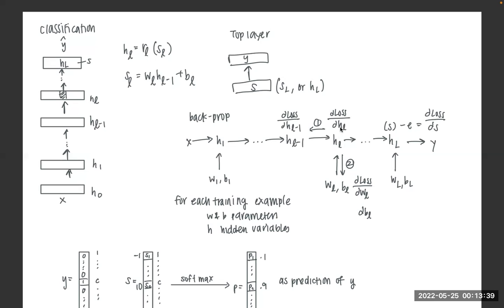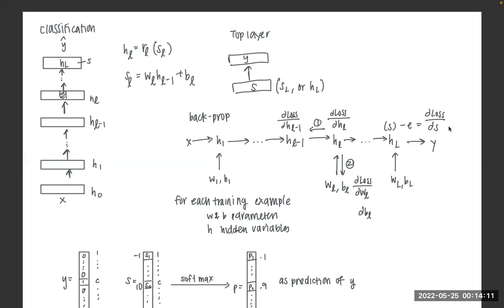Then we backpropagate based on formula 1, which enables us to go back along the backbone, and formula 2, as we derived in the last lecture, so that we can compute the derivative of the loss for this particular example with respect to the parameters W_L and B_L. So that's chain rule backpropagation.